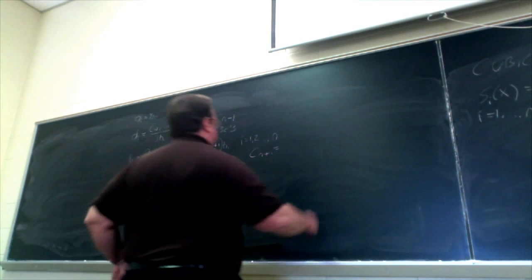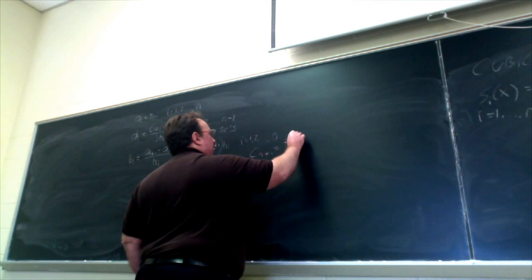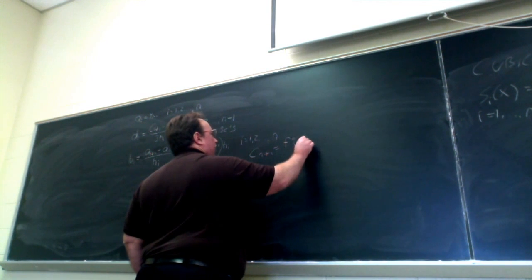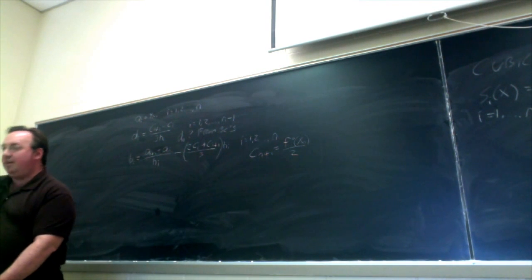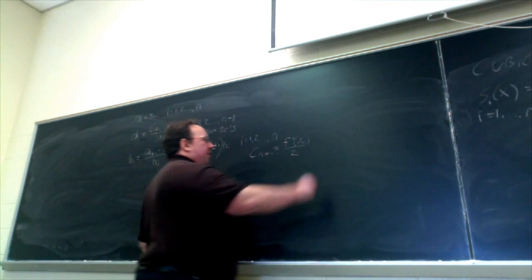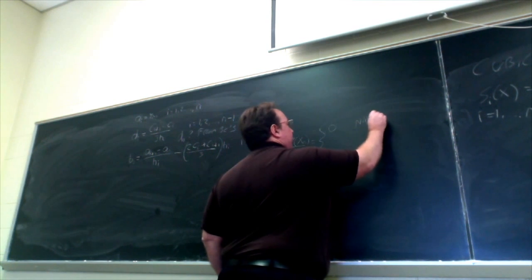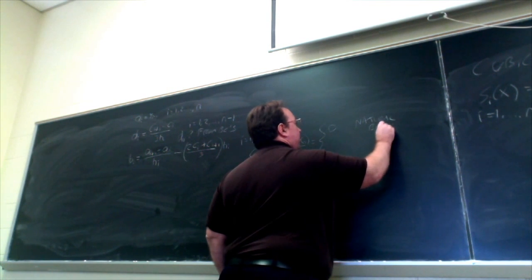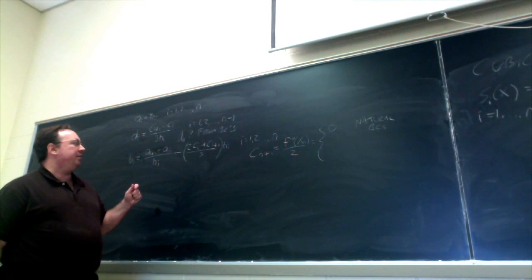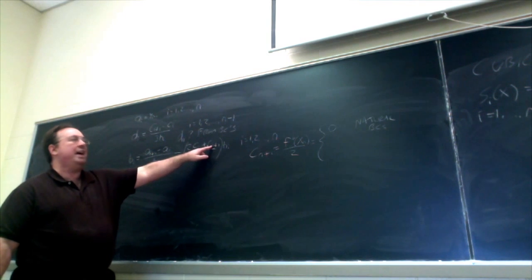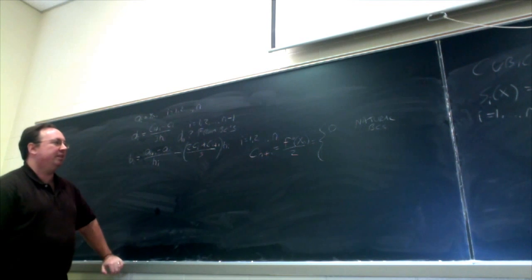That would be f double prime at x_n over 2. That's a convenient definition because it would be equal to 0 for natural boundary conditions, because that's what natural boundary conditions mean: the second derivative at the far left and far right endpoints is 0. So in fact, for natural boundary conditions, we just won't have this in here at all when i is equal to n. So that's not an issue.